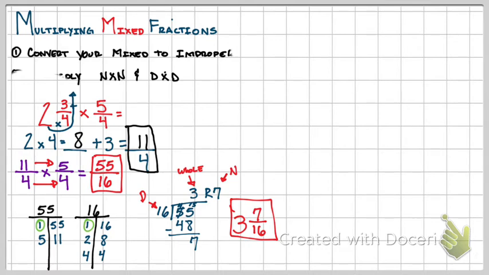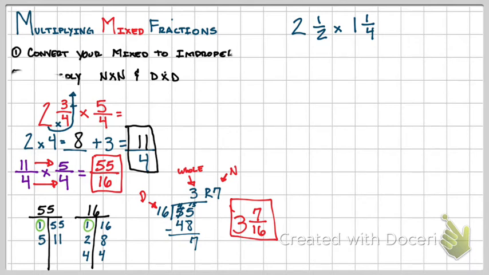Now that's one type of problem. Let's say you're given this problem right here: 2 1/2 times 1 1/4. The first thing I'm going to want to do is convert each of my mixed fractions to improper fractions. So let me set it up.